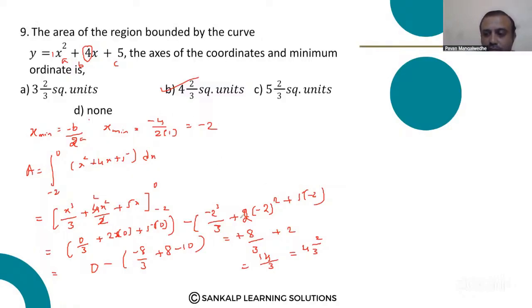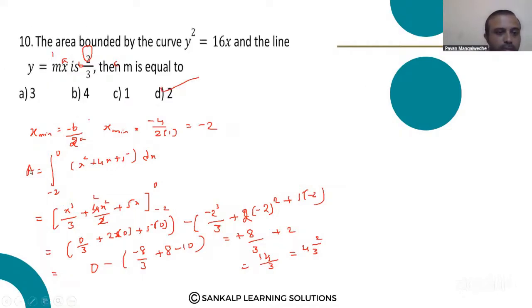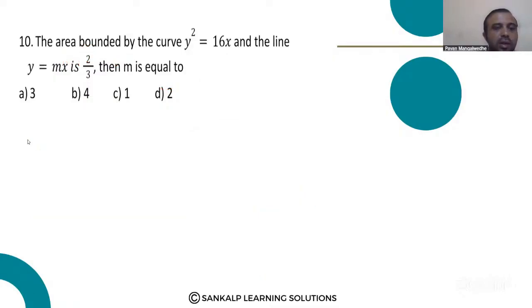Next one. Question number 10. The area bounded by the curve y square is equal to 16x and the line y is equal to mx is 2 by 3.